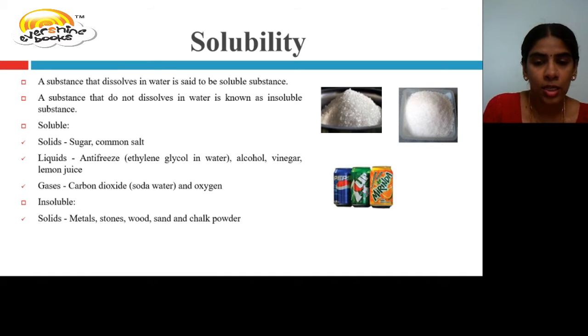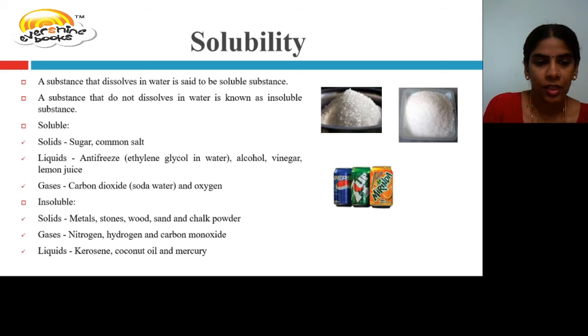Insoluble solids include metals, stones, wood, sand, and chalk powder. These are insoluble solids, that is, they don't dissolve in water. Insoluble gases are nitrogen, hydrogen, and carbon monoxide. Insoluble liquids are kerosene, coconut oil, and mercury.